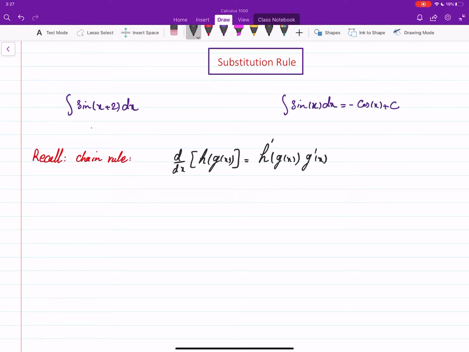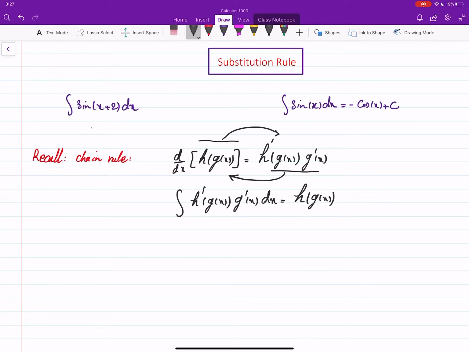By the definition of an antiderivative, differentiation goes this way, antiderivative goes this way. So the integral of h prime of g of x times g prime of x dx is going to be h of g of x plus c.